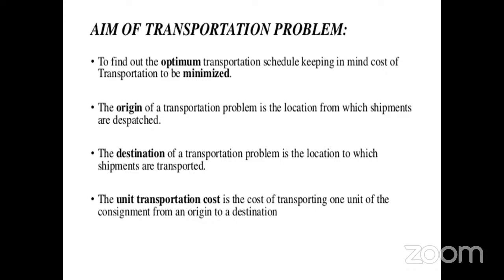So these are the aims: optimum transportation to minimize the cost, finding out the origin of transportation to locate the shipment, the destination to find out where to transport, and how much is the unit cost. These they'll be keeping in mind to minimize the cost of transportation. Right.